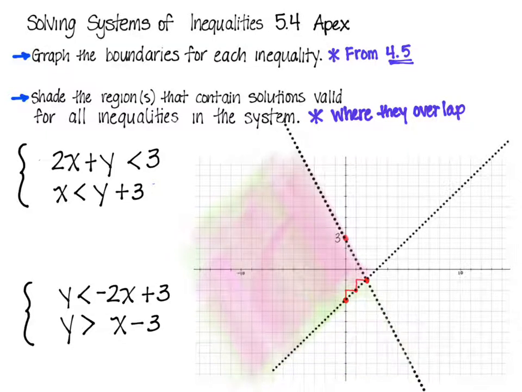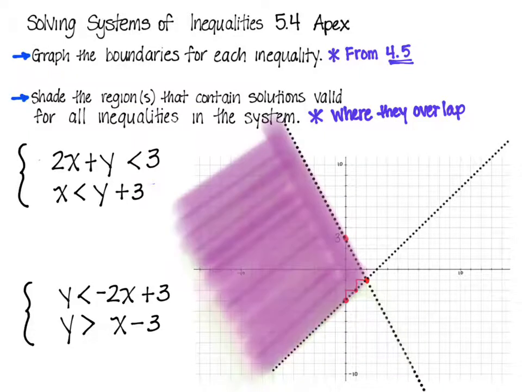And when we're done erasing everywhere that they don't overlap, we can shade it in a lot darker and say, aha, this is where all the solutions lie. Any point in here makes this system true, because it means both of these statements will be true. Any point that's in this dark purple region.